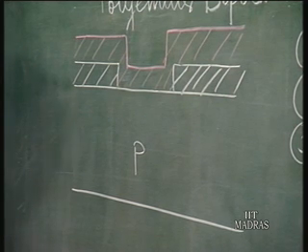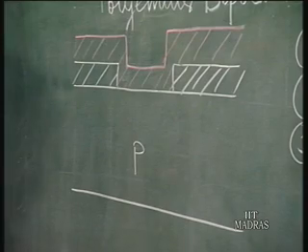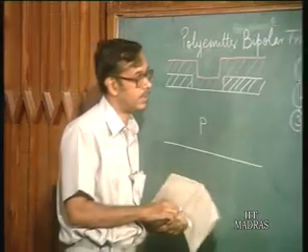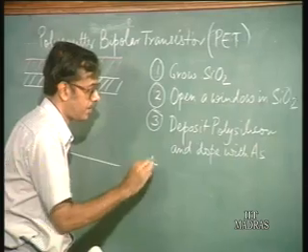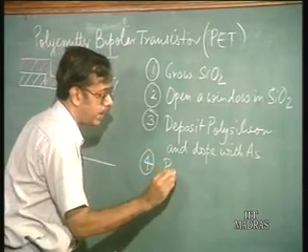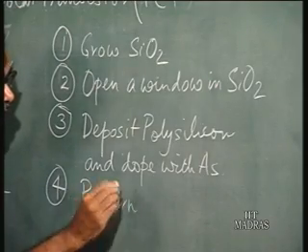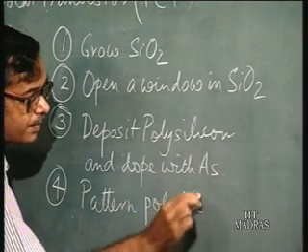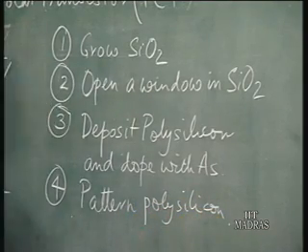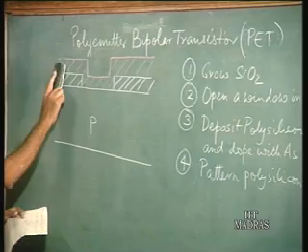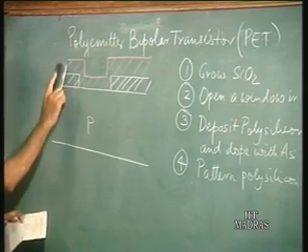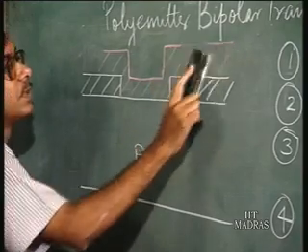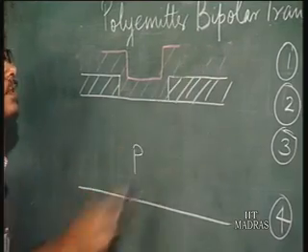The doping concentrations are made very high. Now, the next step is you pattern the poly again by a lithography process. So, you are left with some of this.